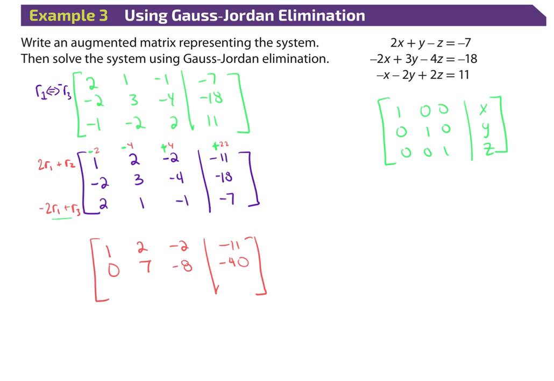So I'm going to say -2 and +2 once again give me 0. -4 and +1 give me a -3. +4 and -1 give me a +3. And then +22 and -7 give me a +15. Nope, we don't want it in highlighter. There we go. All right. So far, so good.